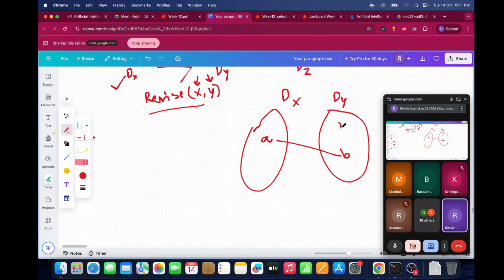There could be another element, let's say p in here, that may not be related to a. We are not concerned with that as long as we are doing revise x comma y. The only thing that we are concerned with is that a should have at least one element with which it is related, and that b should be in y. Okay, ma'am. Thank you.